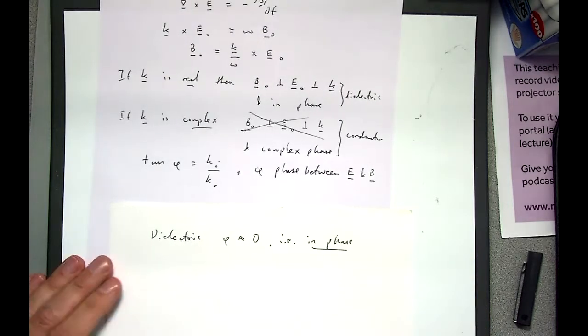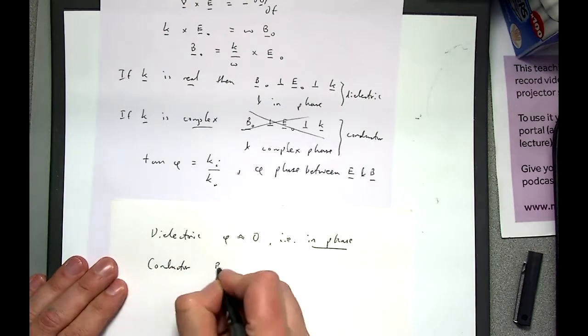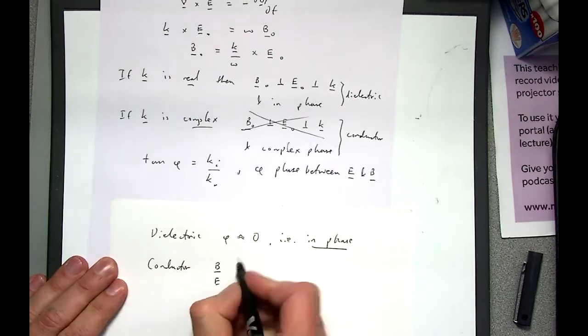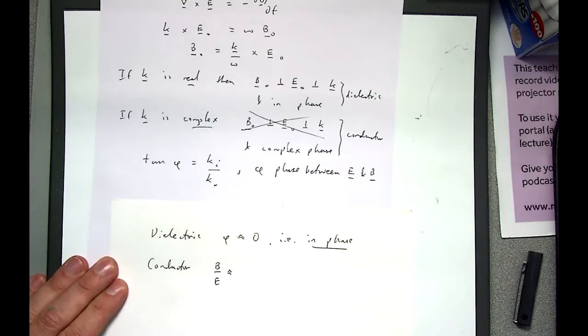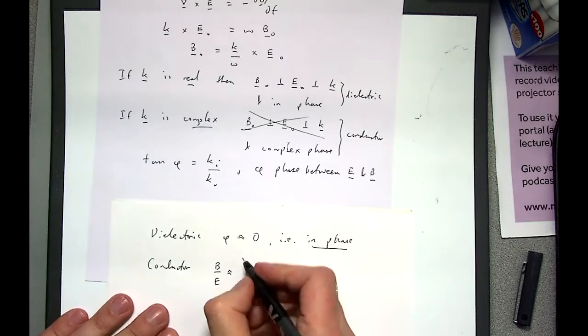Now in a conductor, we no longer expect that simple relationship, which is that the magnetic field is C times less than the electric field. Let's calculate it explicitly.